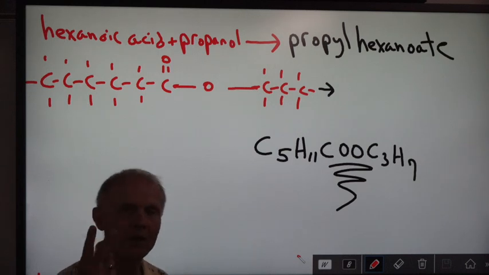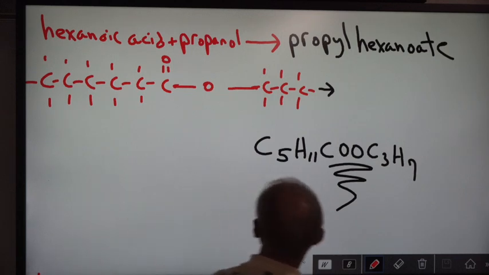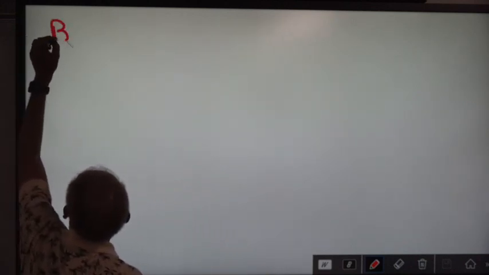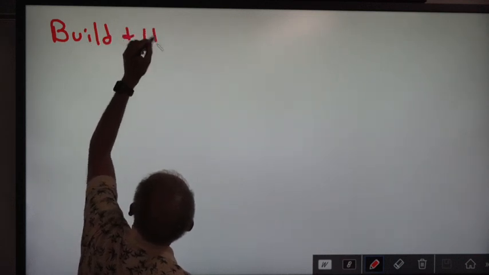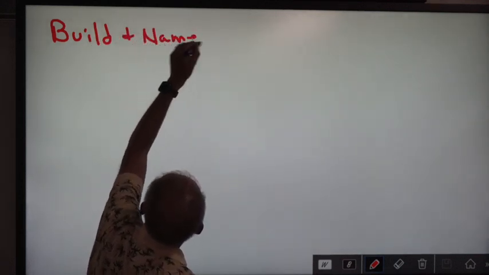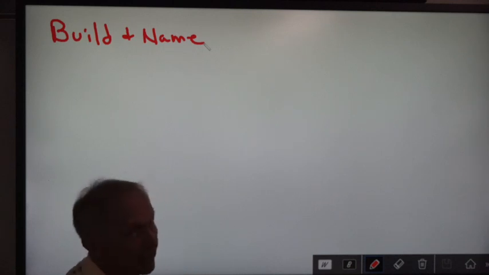So, here are the 2 I want you to do. Now be careful because you may have to use a whole piece of paper just to do these 2. All right. So you are going to build and name. Now we've done 2 or 3 of these things, so you should be able to do it. Here's the first one.